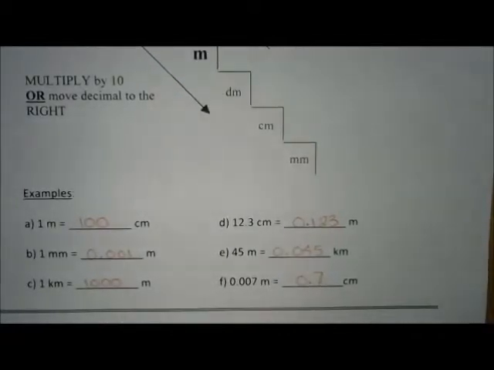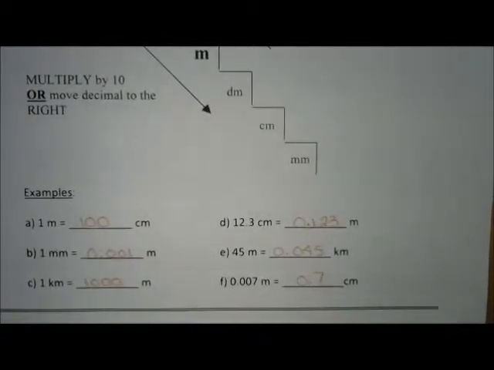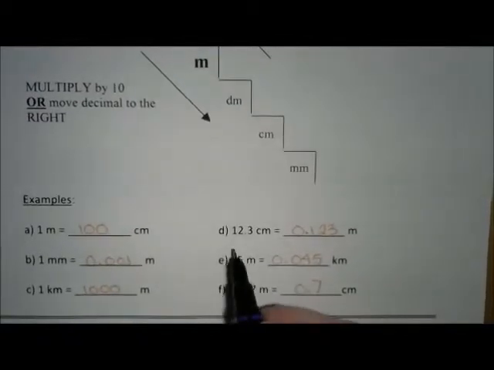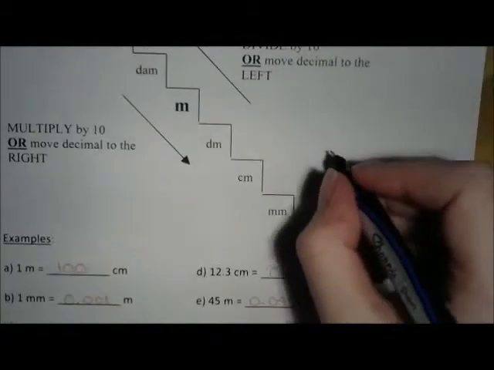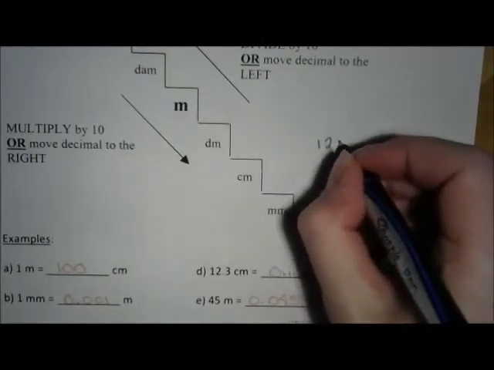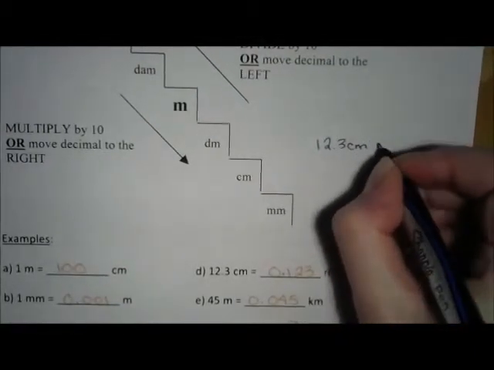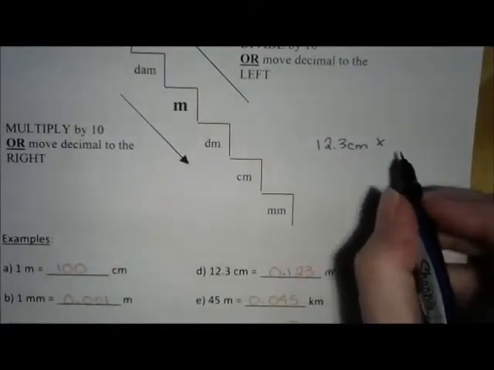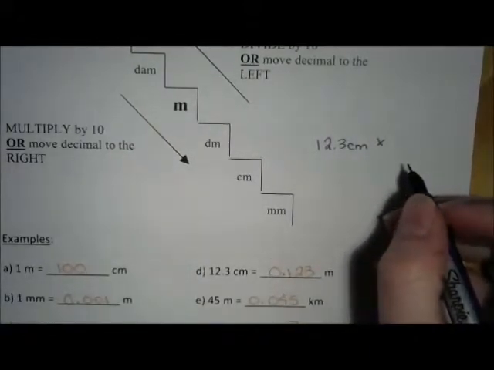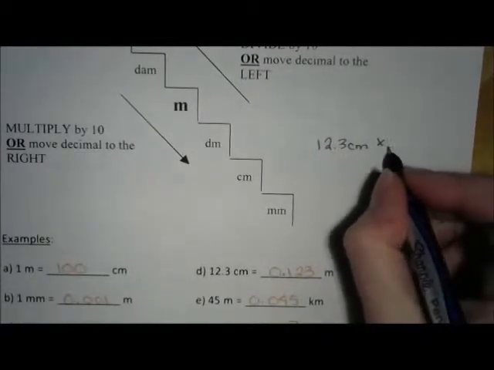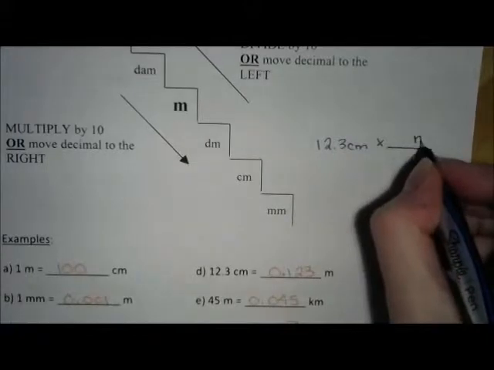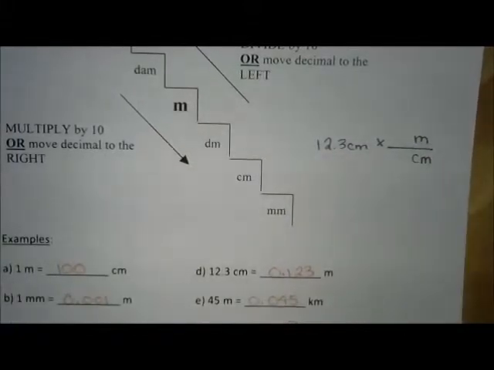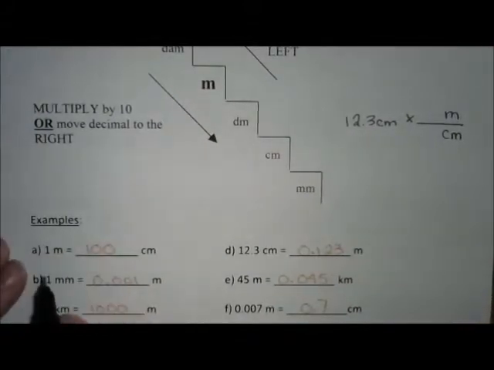Another way that I will usually use, for example, to do 12.3 centimeters and convert that into meters. So 12.3 centimeters. If I want to convert this into meters, I want to multiply it by the ratio of meters to centimeters. Okay. I want to get rid of centimeters and I want to change it to meters. Okay. Find a ratio that you know. Okay.